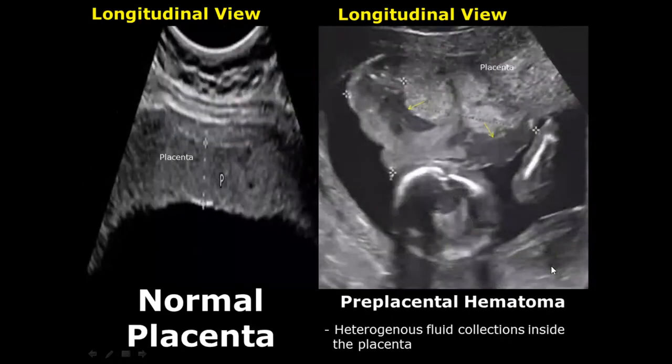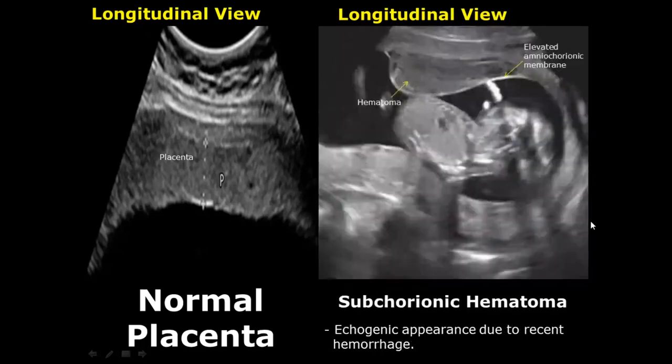A preplacental hematoma occurs due to injury leading to hemorrhage, which gives us a heterogeneous fluid collection inside the placenta due to bleeding. A subchorionic hematoma can resemble a placenta as the bleeding occurs below the chorionic layer. It elevates the amniochorionic membranes, but they have one distinguishing feature, that is this hyperechoic line.